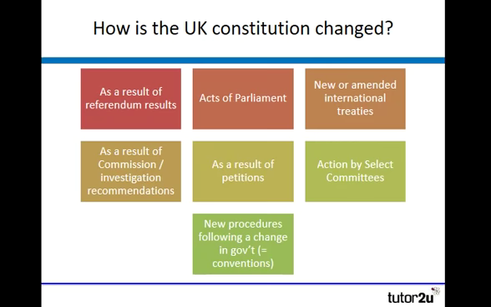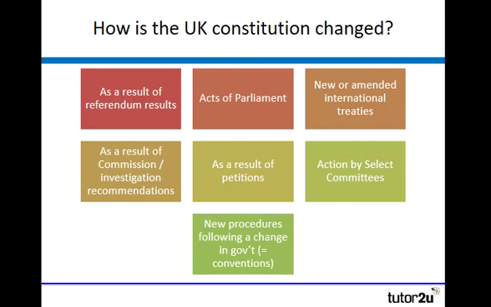In both cases, the referendum results provided public support and effectively a mandate for the government, in the case of devolution, to go ahead and pass acts of parliament that would effectively put into statute law the changes desired by the people in the referendum.